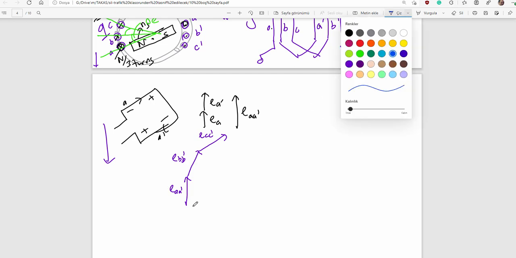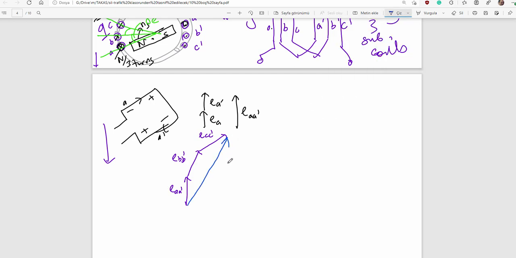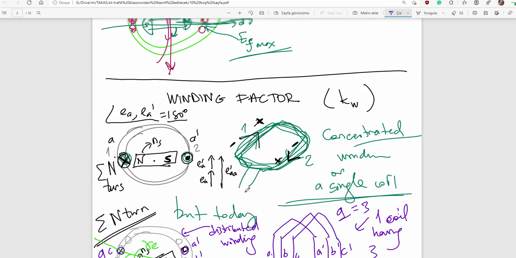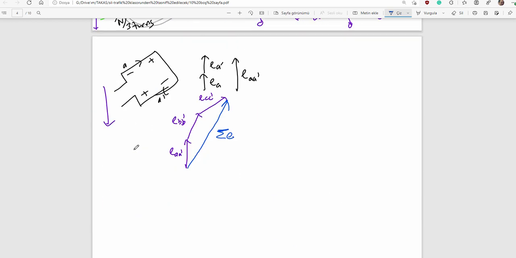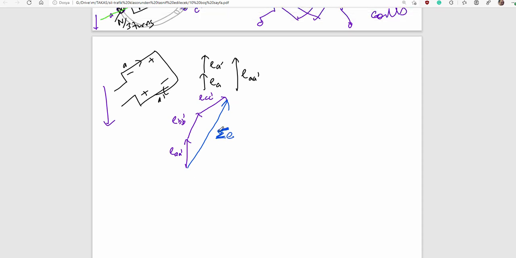Finally, having such a resultant E, we have resultant E like this here in non-distributed winding, but here you see distributed winding will have a different summation.